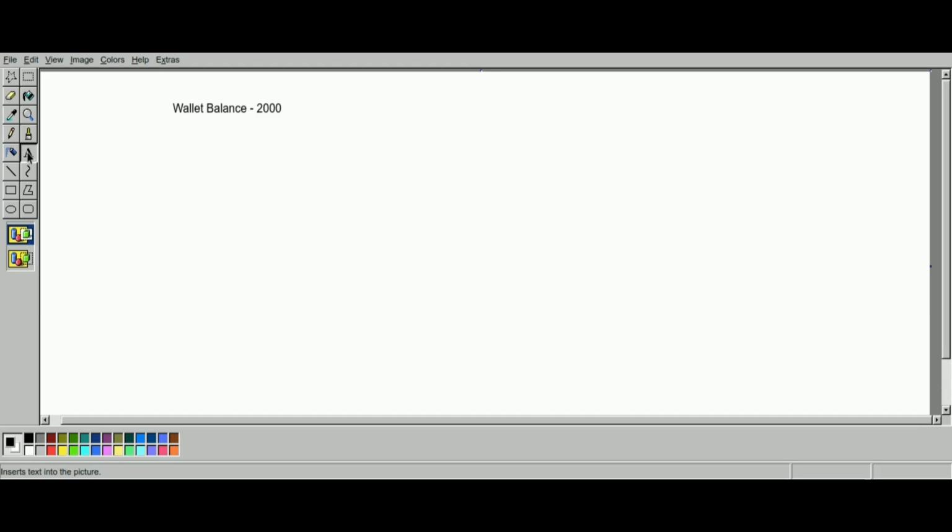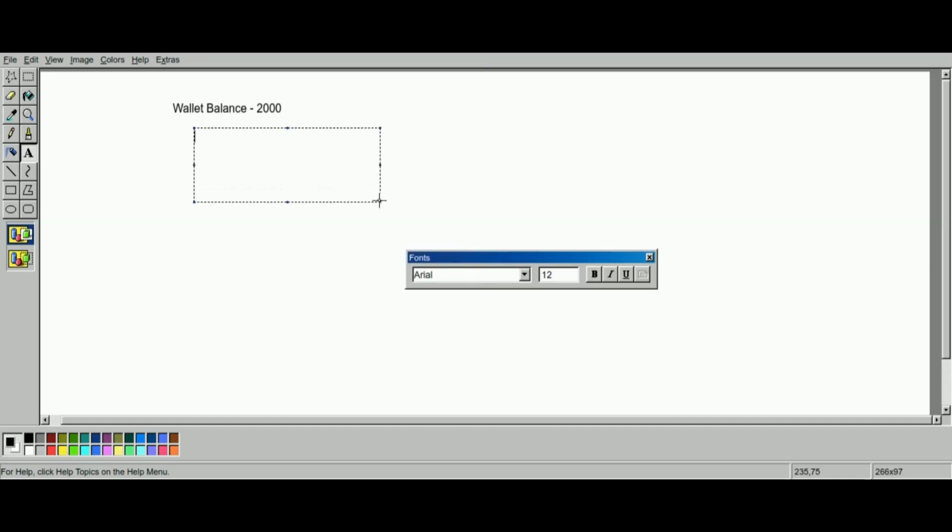It's just an example, and nowadays I have pay later, credit card, debit card, so wallet balance is not used. Okay, this is just an example I'll say.